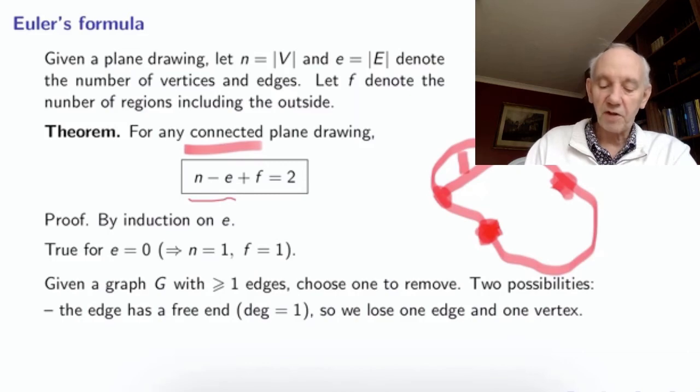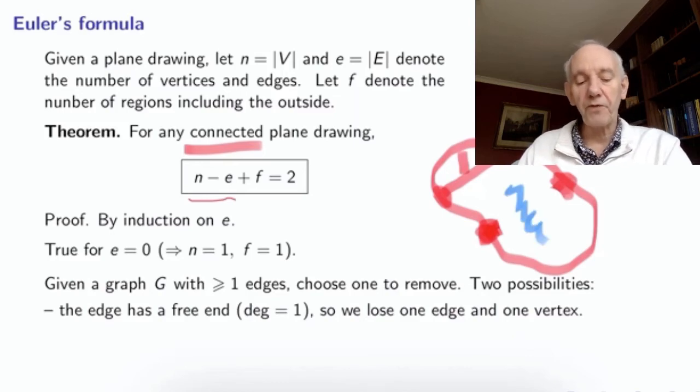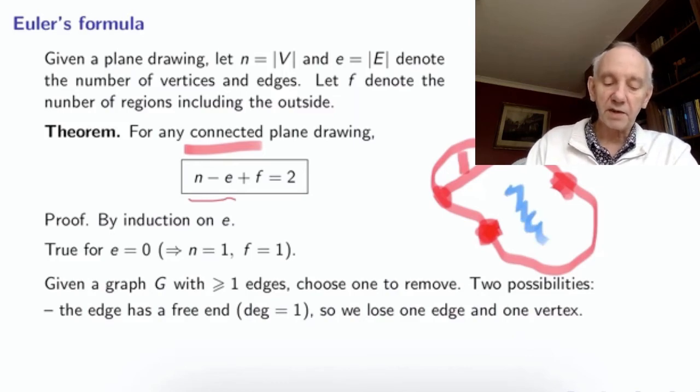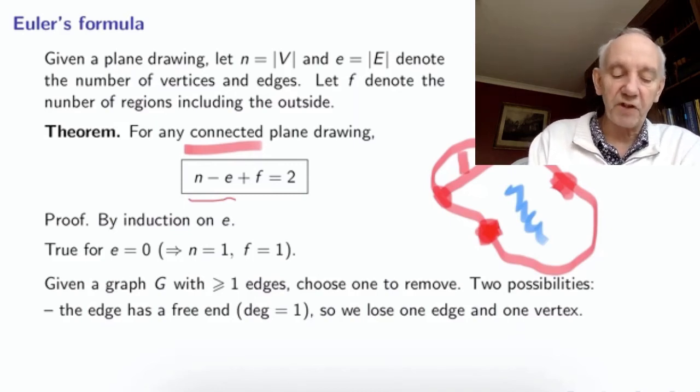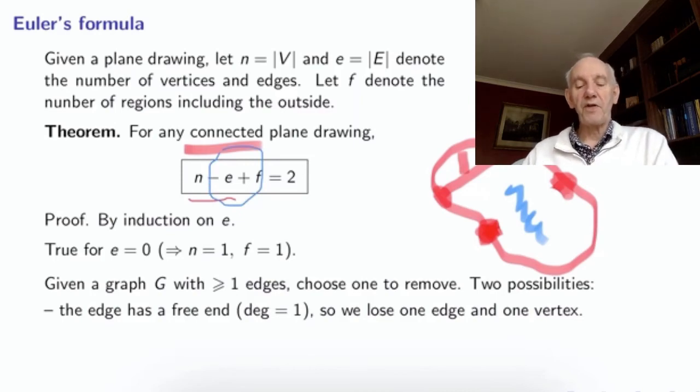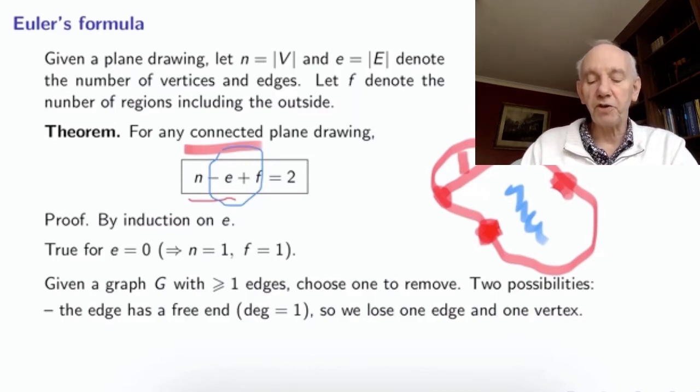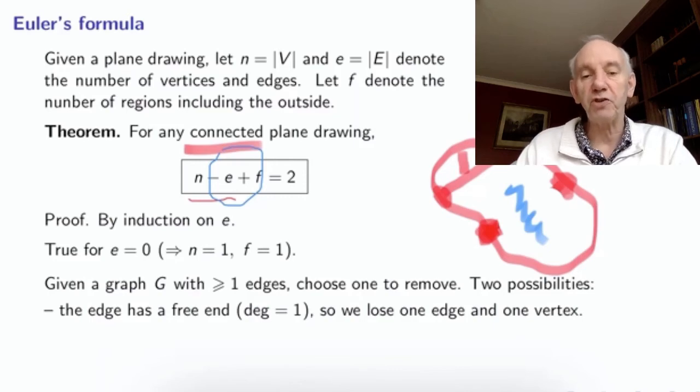I now just have a single face, which is here. So this time I haven't changed the number of vertices, but I've kept the quantity minus e plus f the same, because I've reduced by one edge, but I've also reduced by one face. So minus e plus f stays the same. So also in that situation, I've preserved Euler's formula.